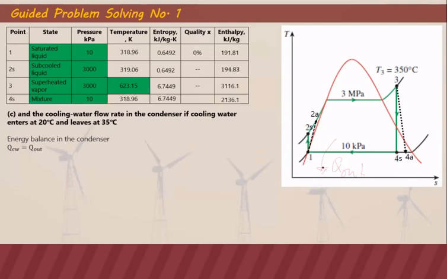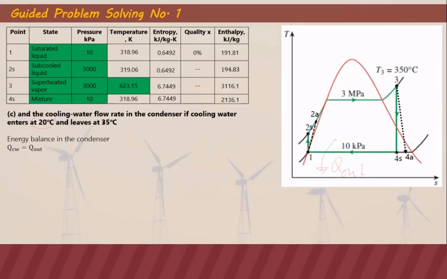So we have here a cooling water which is at 20 degrees Celsius, and it exchanged heat with the hot fluid from the exit of the turbine before entering the condenser. While entering the condenser, it exchanged heat with that working fluid. That's why it increases to 35 degrees Celsius.